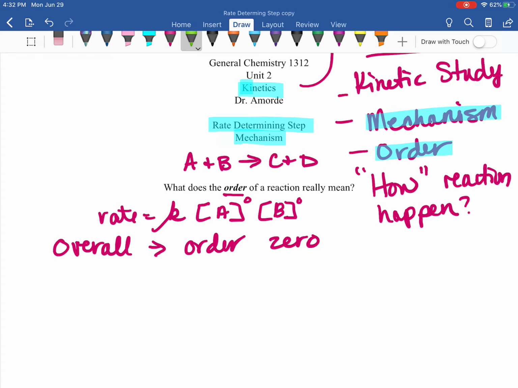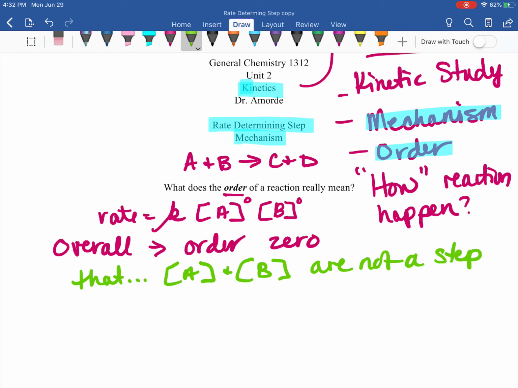Oh, that seems like a color code moment. Hang on. That means A and B are not a step in your rate determining step.